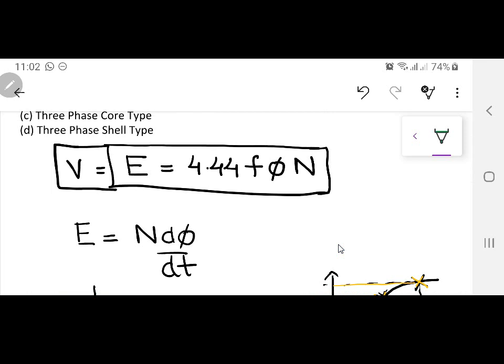Now, this equation is not just limited to a transformer. This is very important. This equation is for any electromechanical device, even a fan, any induction motor, any single phase machine. This is applicable over there. Why it is applicable? Because all these machines are working on an electromechanical principle in which you are transferring one form of energy into the magnetic field and using that magnetic field and electrical energy to produce some motion.